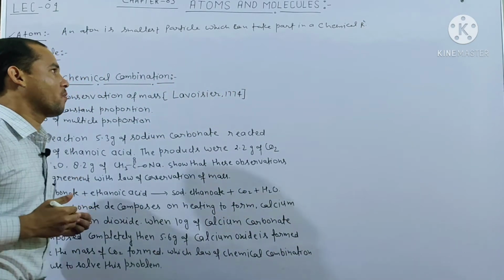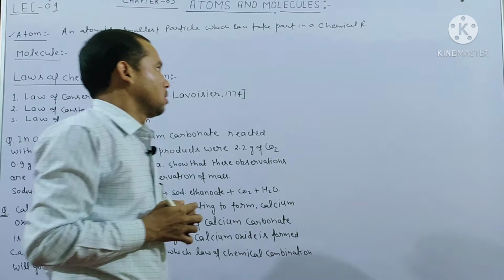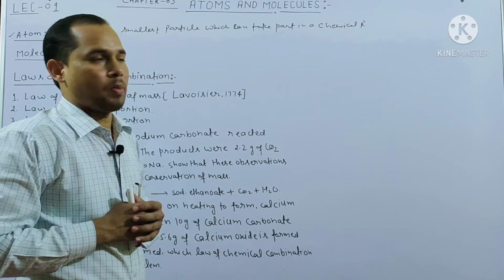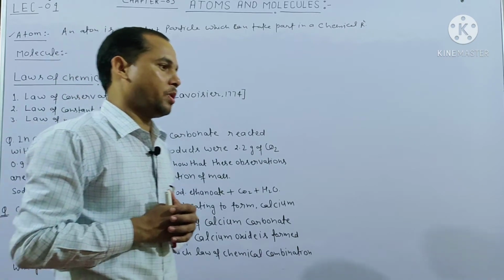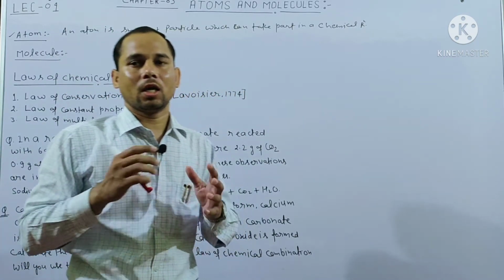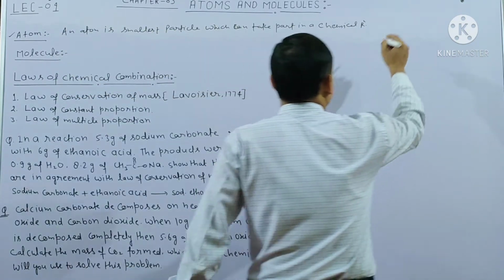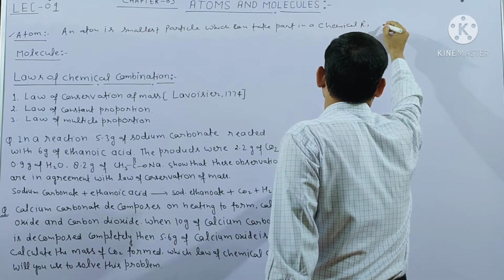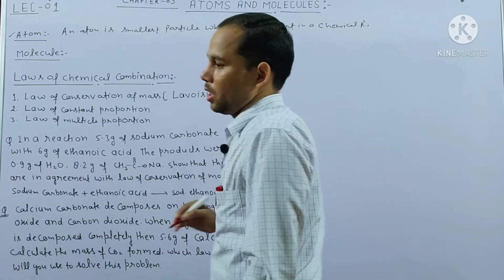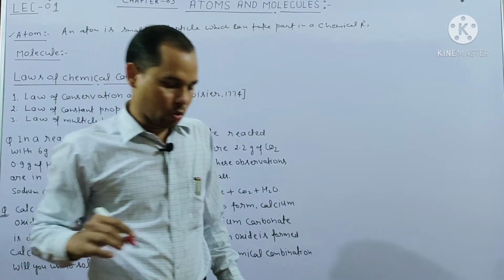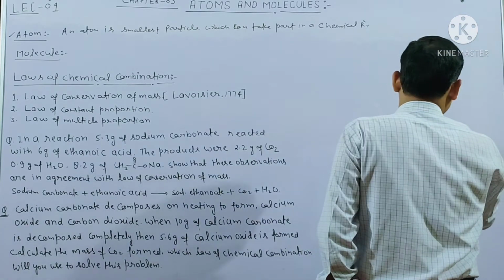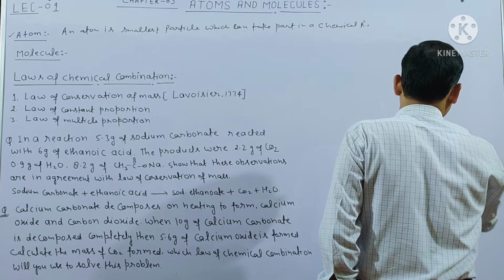An atom is made up of three fundamental particles: electrons, protons and neutrons. Electrons are revolving around the nucleus.